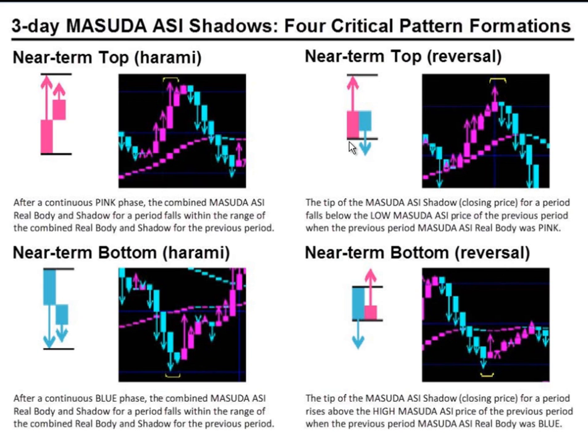This is the low Masuda Ashi price for that pink real body. The shadow, the end of the arrow tip here, is the closing price for the current Masuda Ashi real body and shadow in question, and it is clearly below the previous period's low Masuda Ashi price. This is a near-term top reversal, or a bearish reversal.